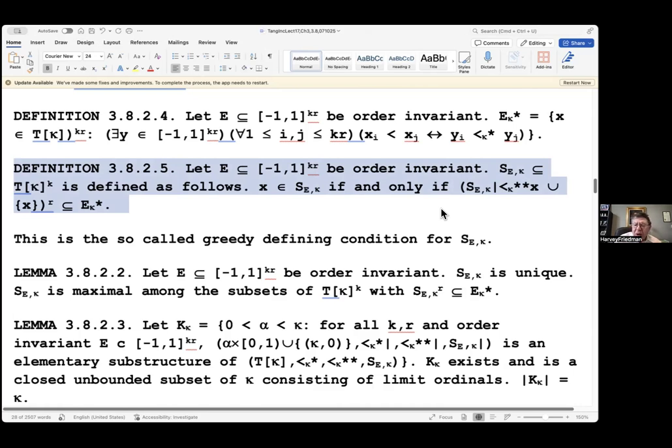And we won't define S_{E,alpha}. We'll just rely on the restriction notion. So S_{E,kappa} is defined by transfinite recursion.